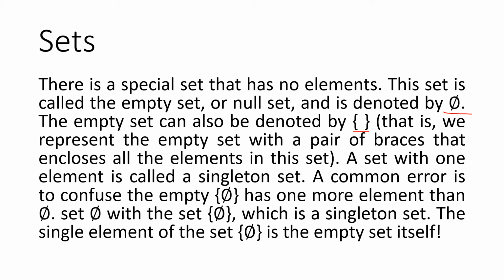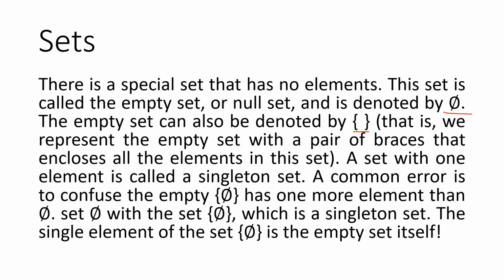A common error is to confuse the empty set with the set containing the empty set. The single element of the set containing the empty set is the empty set itself.